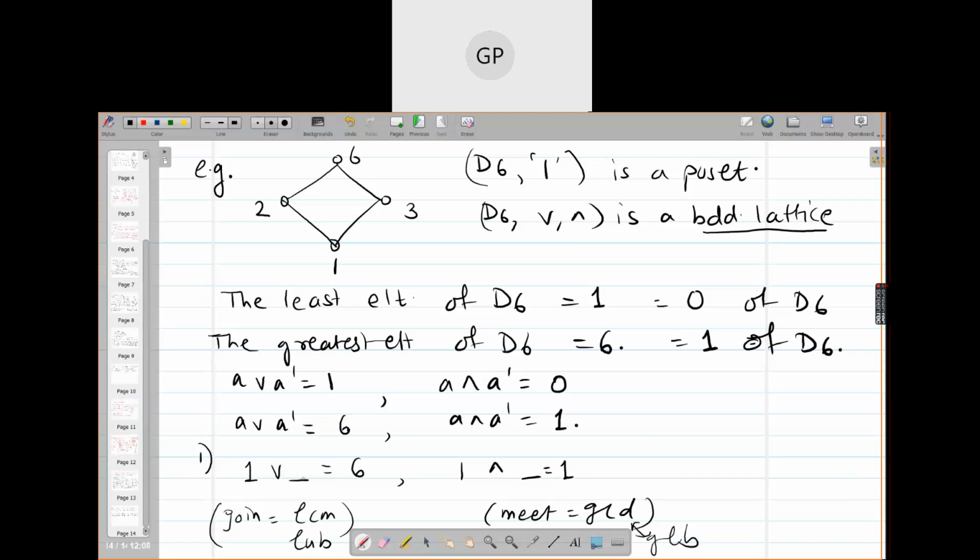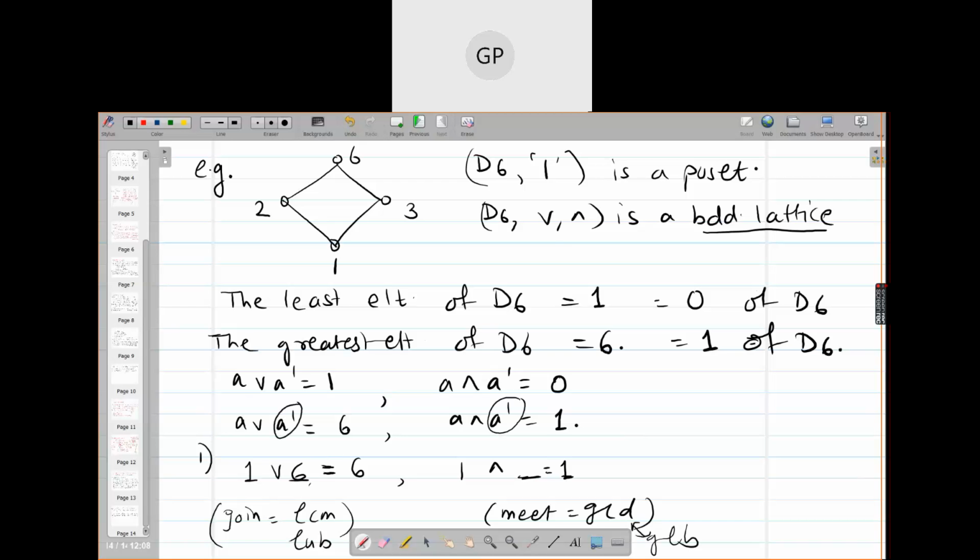So 1 join what is equal to 6? 1 with which element has LCM 6? 6. And 1 with which element has meet 1, meaning GCD 1? It will be 2, and 3 also, and 3 also. But the element here must be the same element as there, and only then is a dash treated as a complement.